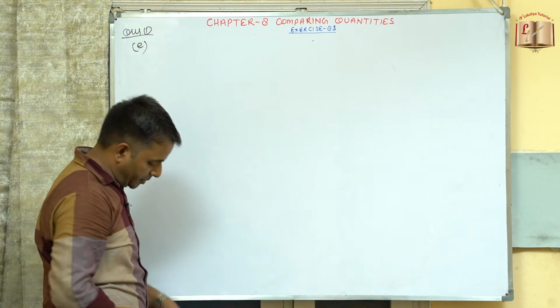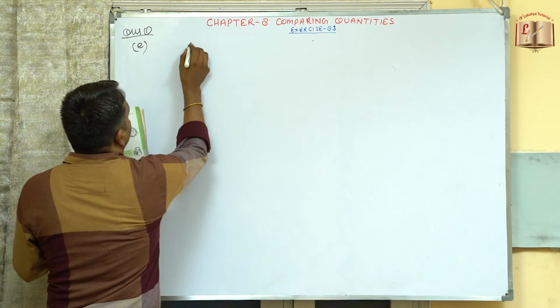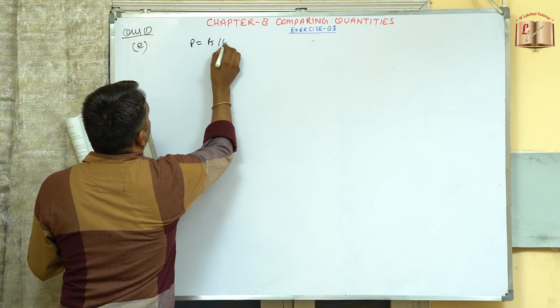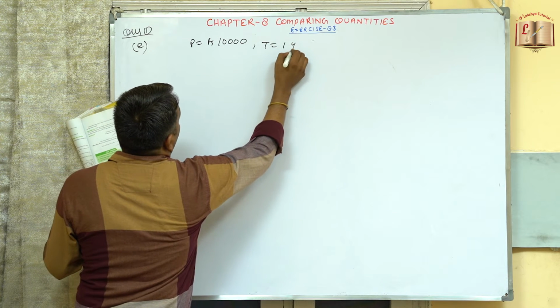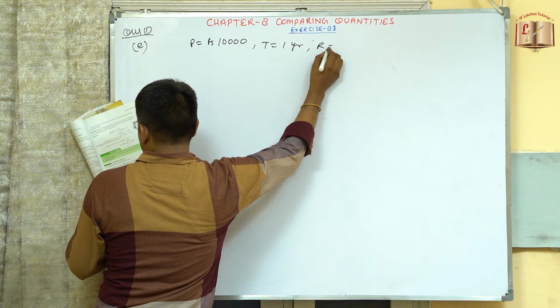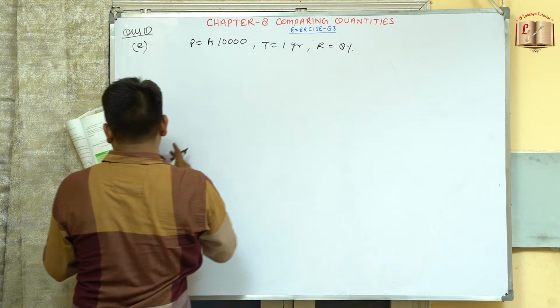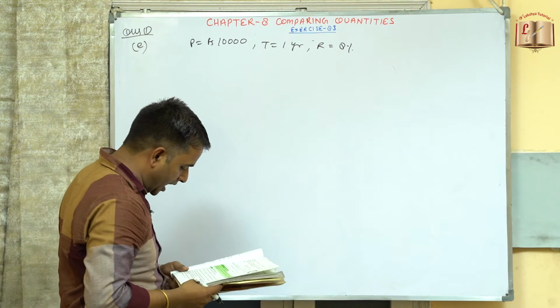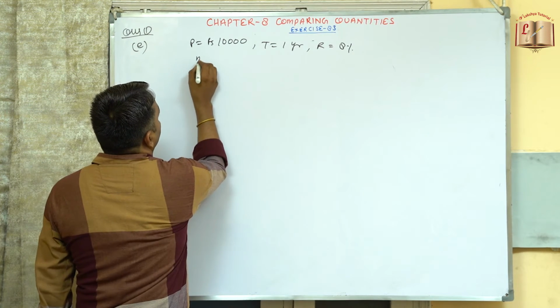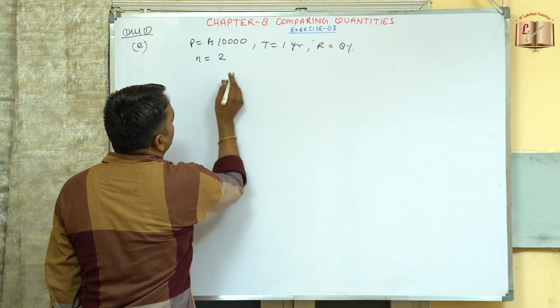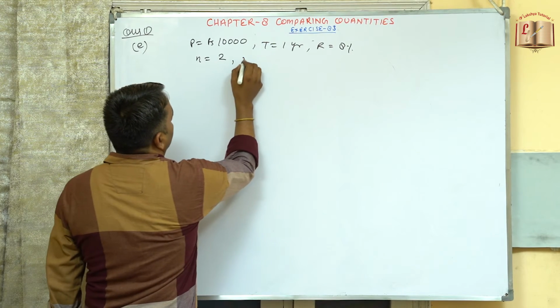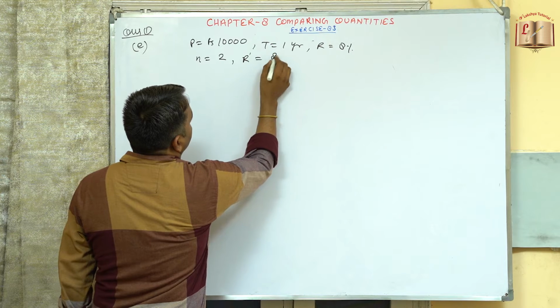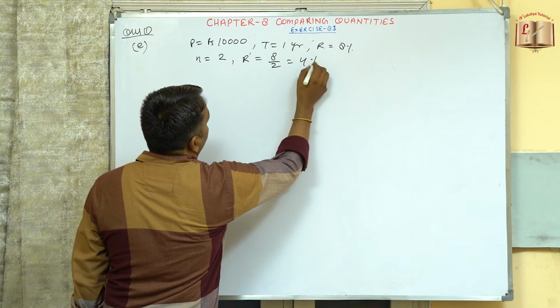So now coming to the E part of this, principal is given to us, this is rupees 10,000, time is given as 1 year, and rate is 8% per annum compounded half yearly. So again, for compounded half yearly, n will be 2 because in one year there will be 2 halves, and R dash will be 8 by 2, so this will be 4%.